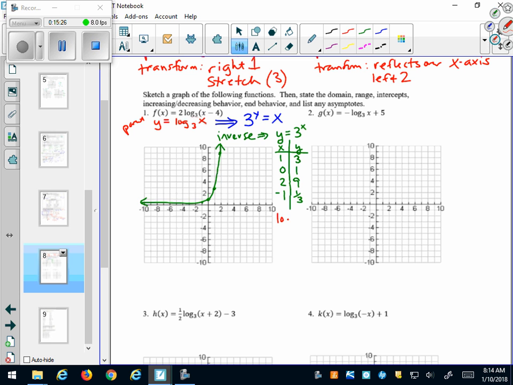So log base 3 of x is going to flip these: (3, 1), (1, 0), (9, 2), (1/3, -1). And this is our log base 3 of x.